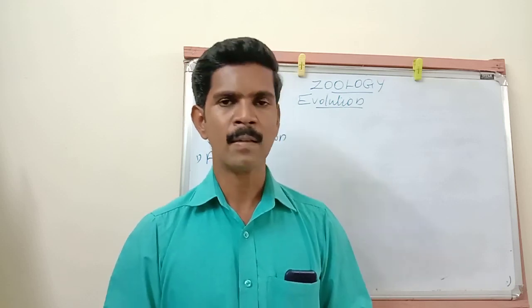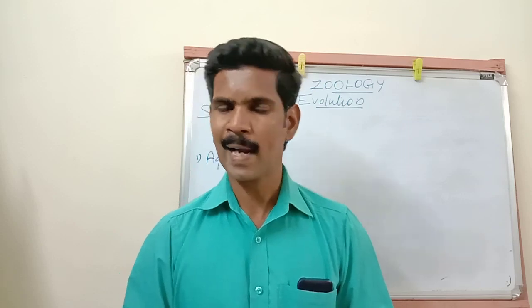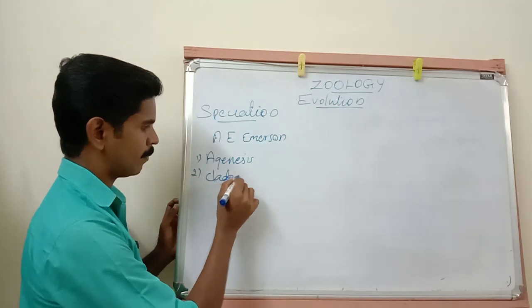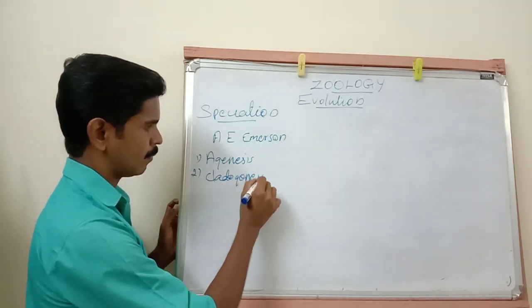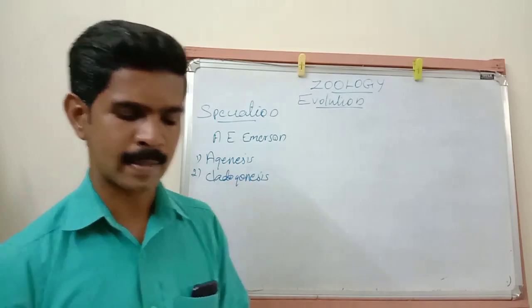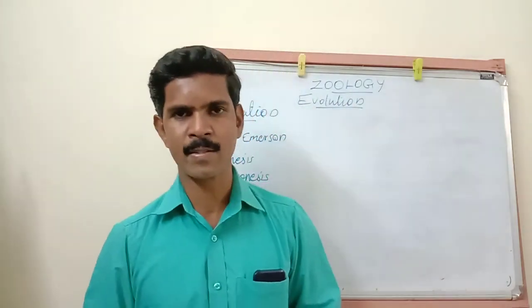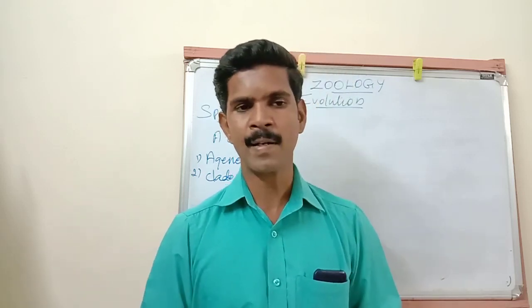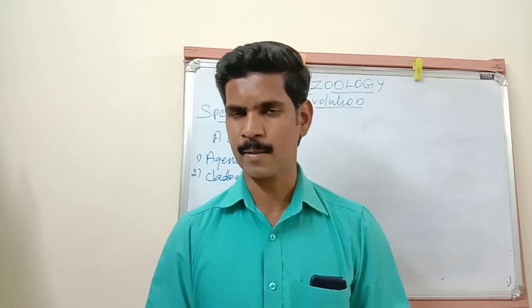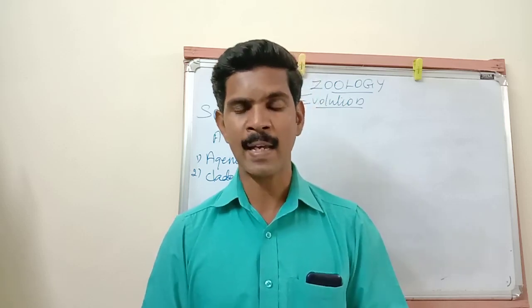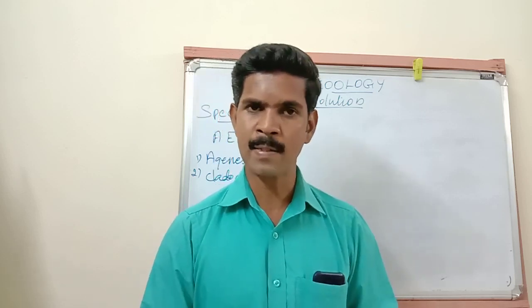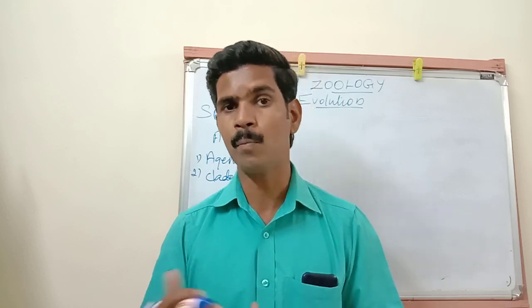Then the second 2-mark question is cladogenesis. Cladogenesis is always called divergent evolution. The meaning of cladogenesis or divergent evolution is that one species diverges to become more species.